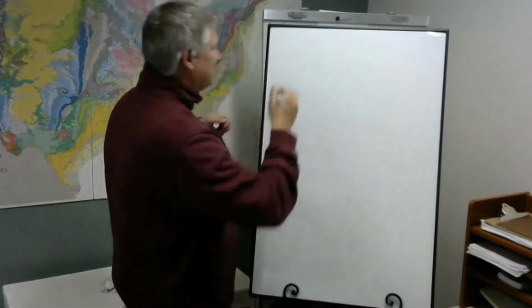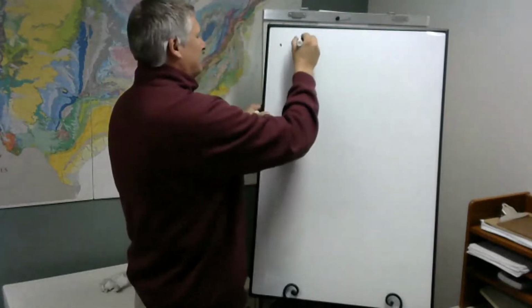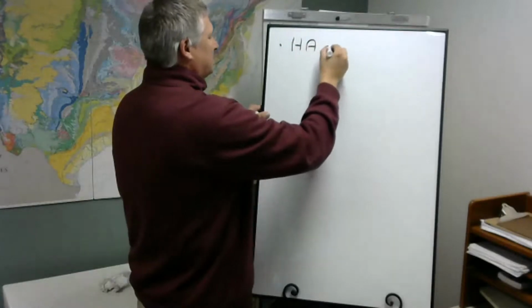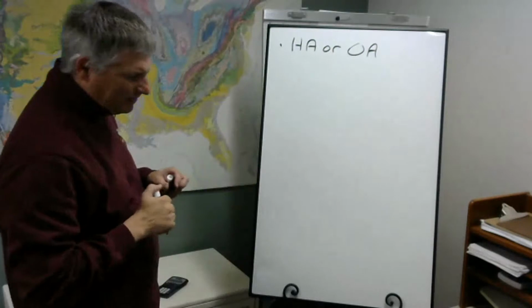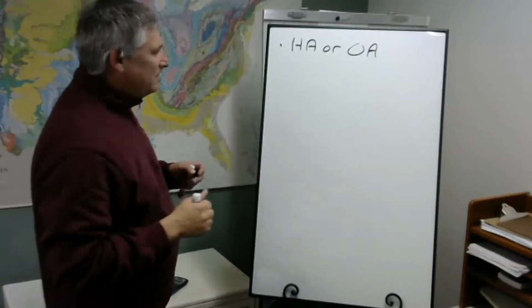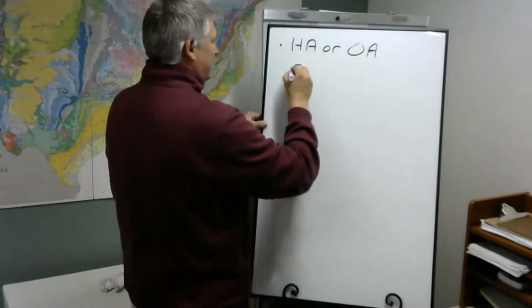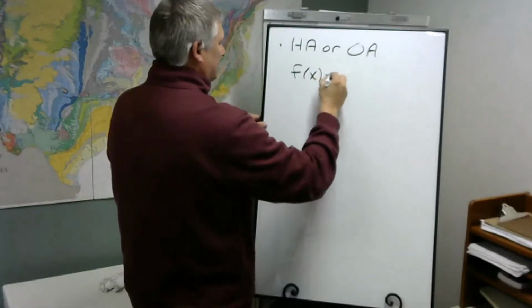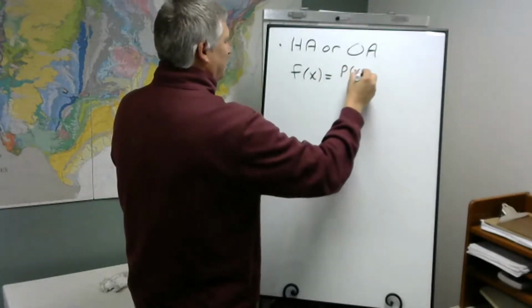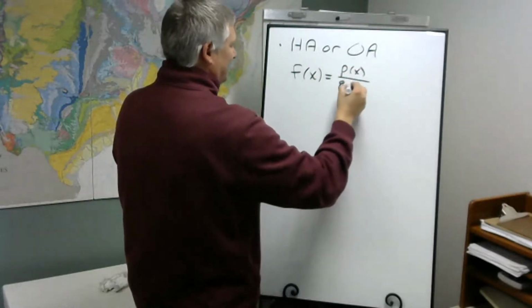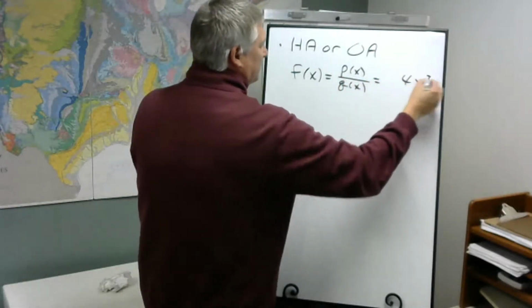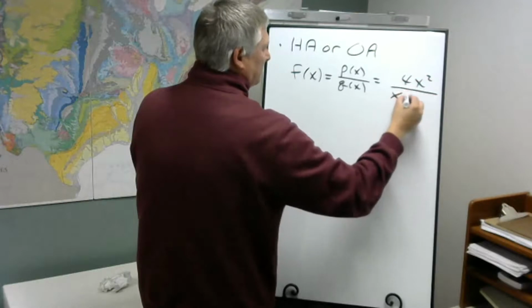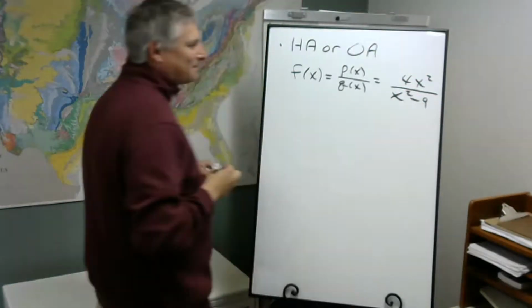So let's look at, do we have a horizontal asymptote or an oblique asymptote? Well, this is what we've got. F of x, sorry, P of x over Q of x is 4x squared over x squared minus 9.